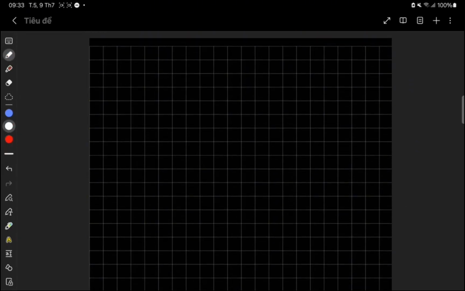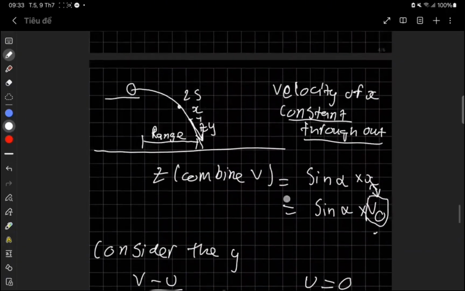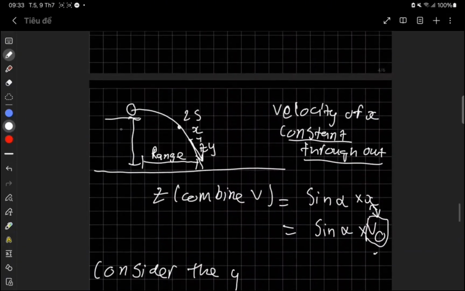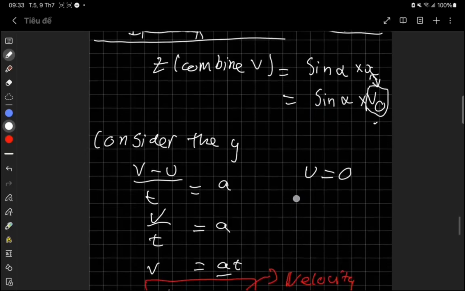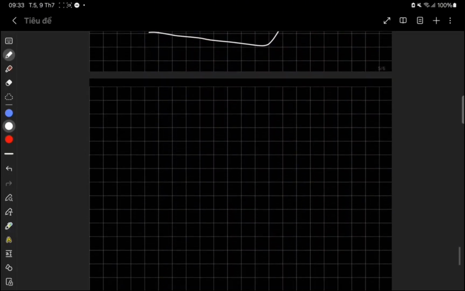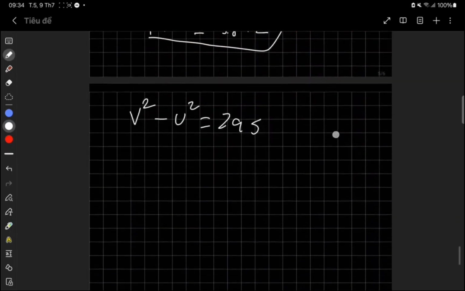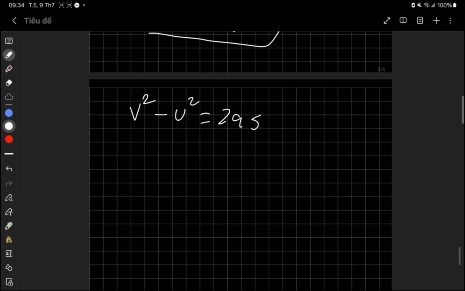The next thing we have to find is the height, this part. We call it h. So for the height, we will also use the basis of the formula up there, which is v squared equals 2as, and u is already equal to 0. We only need to consider the vertical motion for this.